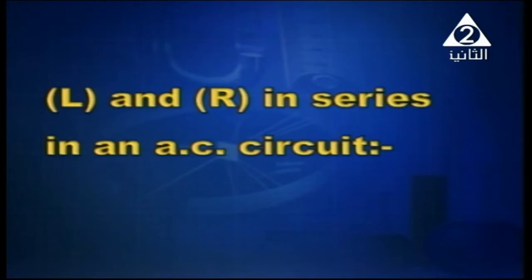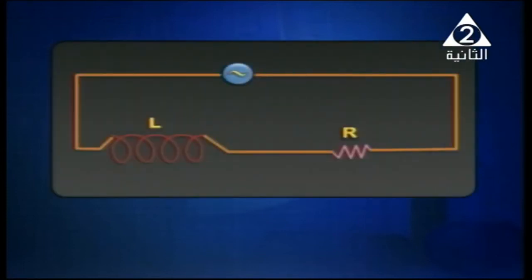And now talking about another circuit, L and R in series in an AC circuit. So we've got an AC circuit powered by a dynamo, and it contains an ohmic resistor and pure inductance. It is shown in front of you, a circuit that contains pure inductance L and resistor R connected in series to an AC supply.